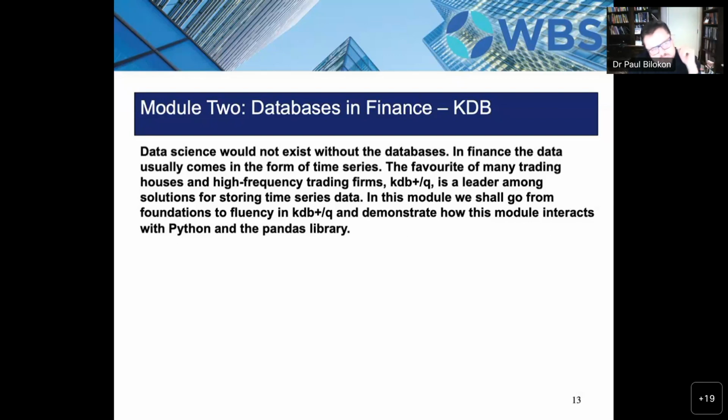But the database that we consider here is KDB. KDB is the database that you use where you have very large volumes of data, streaming data, and high frequency data that arrives every nanosecond. In finance, you get this in electronic trading, so pretty much every major bank and every major hedge fund has KDB installed.